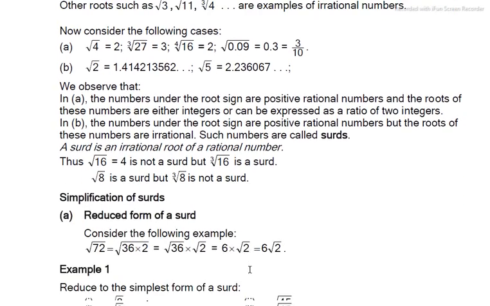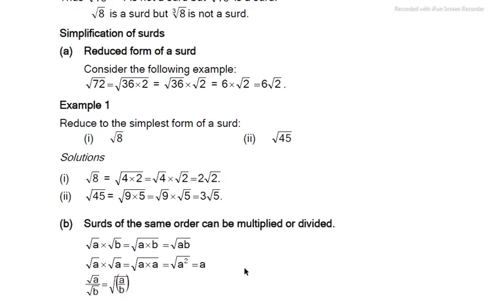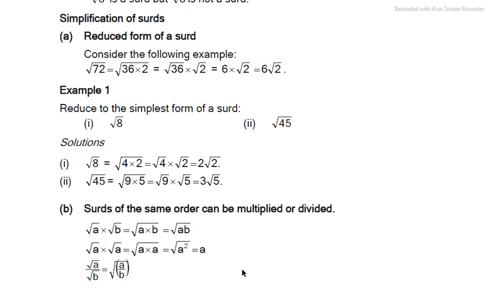So after now knowing what a surd is, we come to simplifying surds. How do we simplify surds? For instance, we have root 72. We know that root 72 is irrational because 72 does not have a square root.